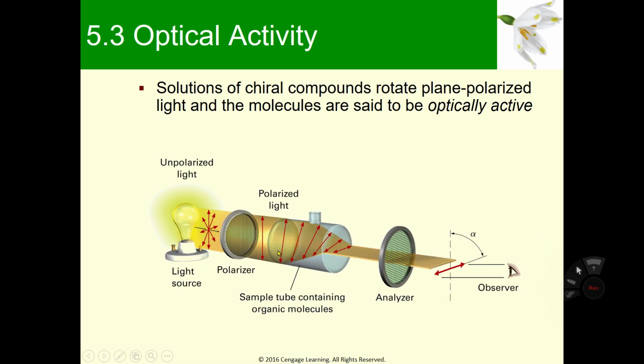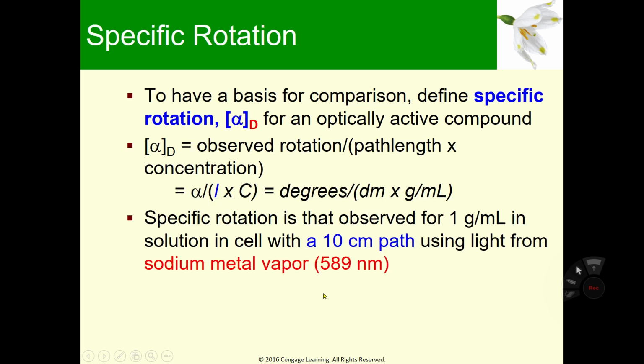Also, this is the light source. But if you want to get consistent results, we have to specify the light for measuring the optical activity. People usually use a wavelength of 589 nanometers. What is the easy way to get this light?